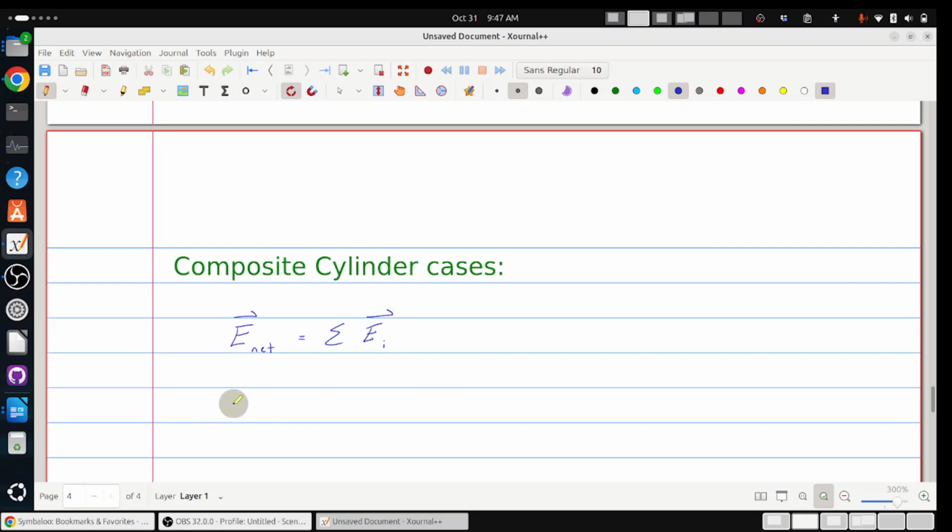So for example, I could have a straight line of charge at R equals 0.